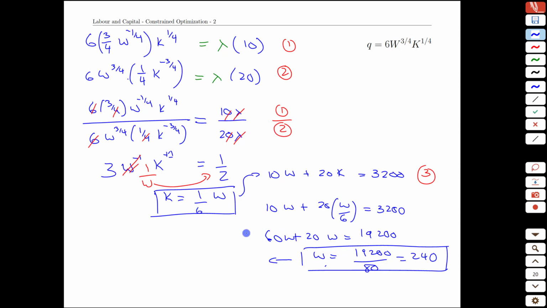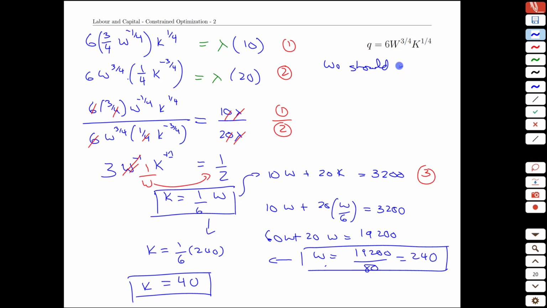And from there, we can combine these two equations and find our K optimal is going to be 1/6 of 240, and that is 40. So this is telling us we should spend our budget in such a way to invest in 40 units of capital and 240 workers.